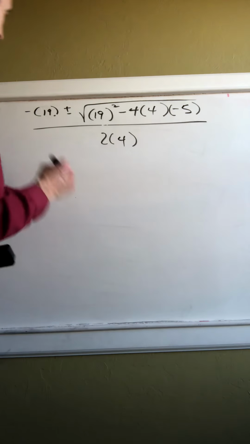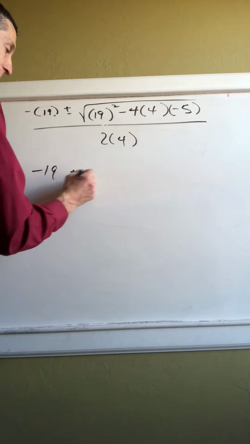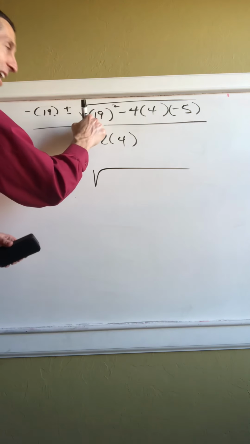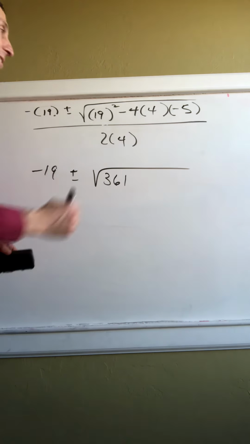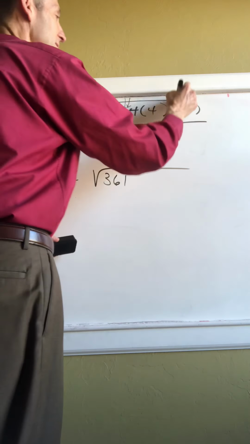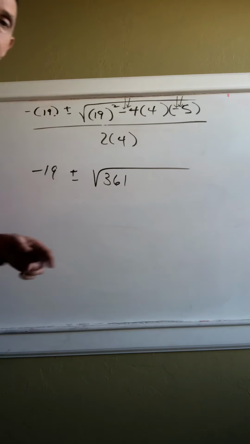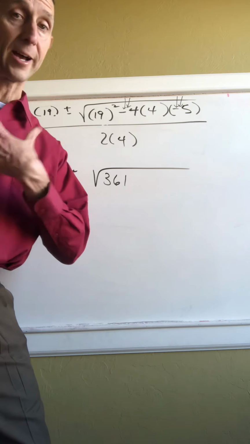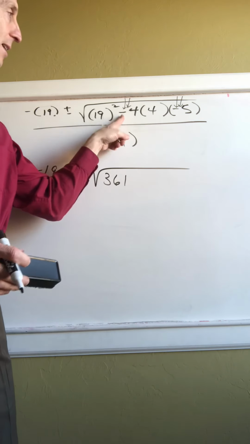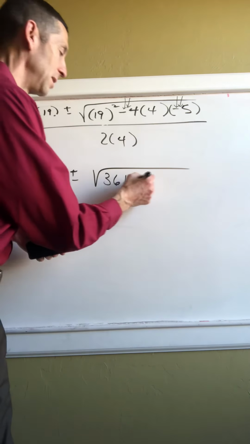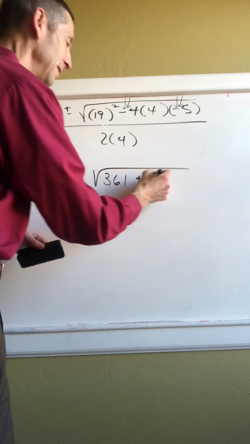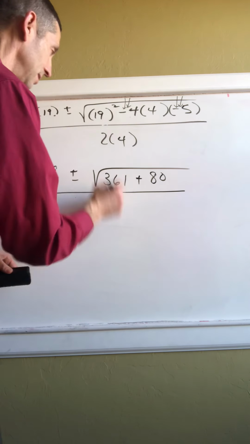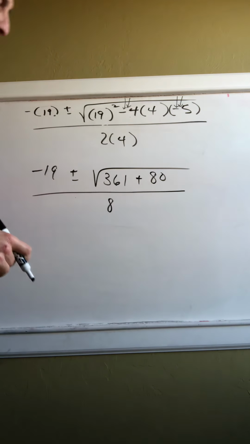Now what I'm going to do, negative 19, is I'm going to clean up this mess. 19 squared, that's 361. Oh, here's that trap again, guys. Again, some people are going to miss this. Not us. Other people. Negative times negative makes positive. So you've got to run 4 times 4 times 5, and that's an 80. 2 times 4 is an 8.